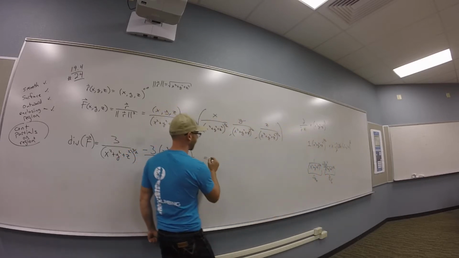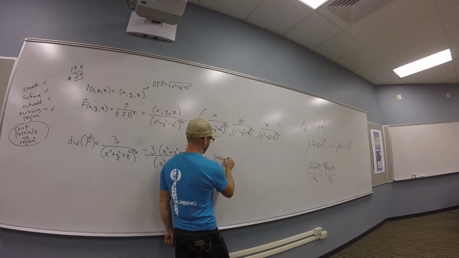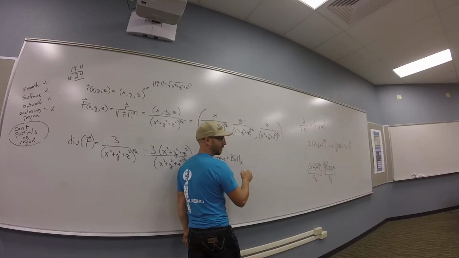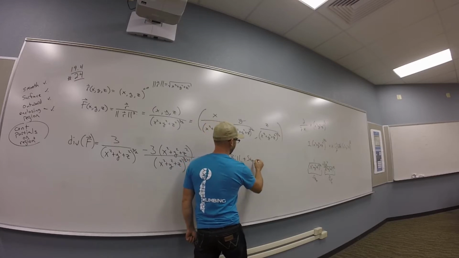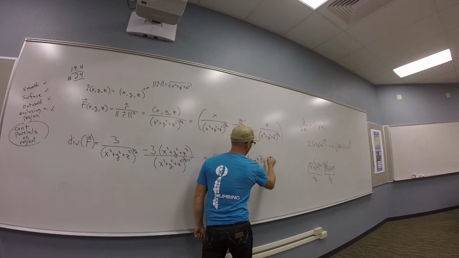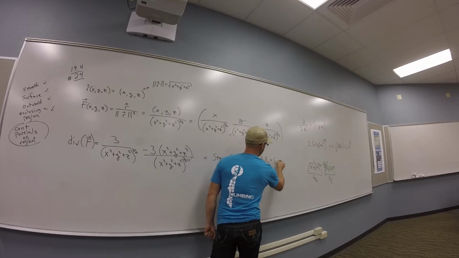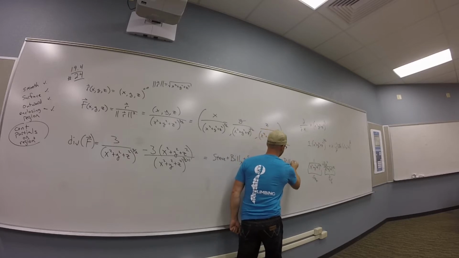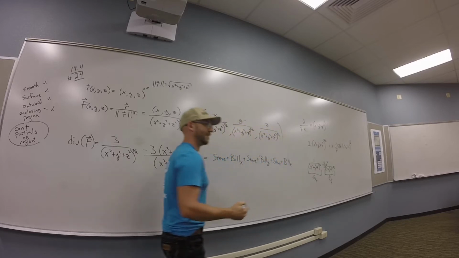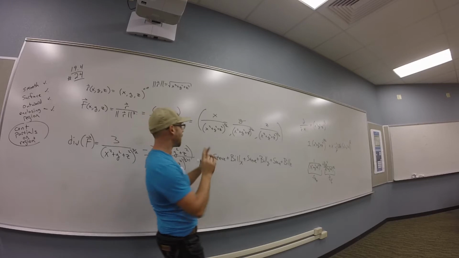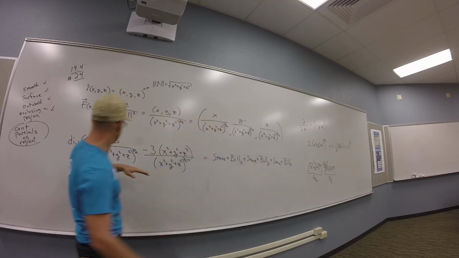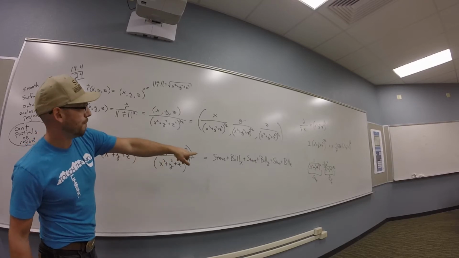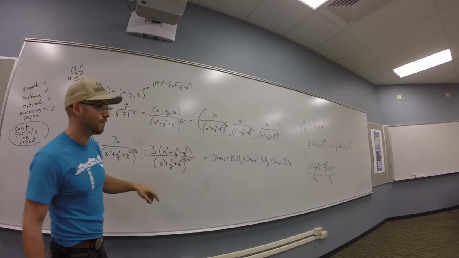So this is really going to be a Steve plus a Bill sub x, plus a Steve plus a Bill sub y, plus a Steve plus a Bill sub z. So I've got my 3 Steves, and then I got my Bill x, my Bill y, and my Bill z.